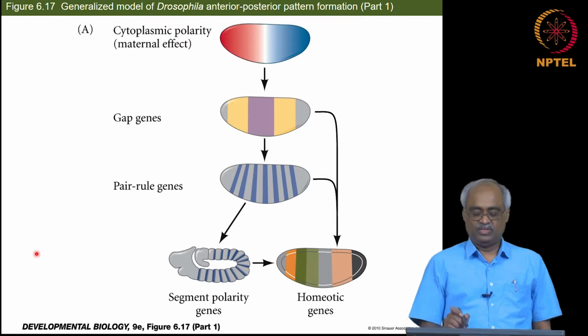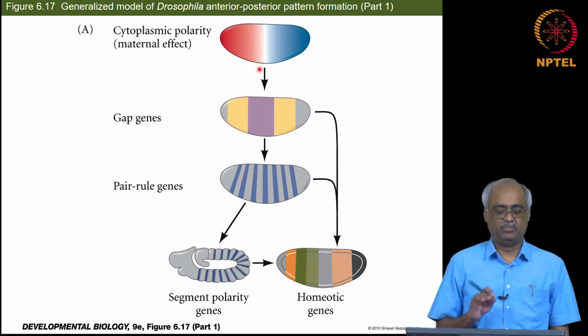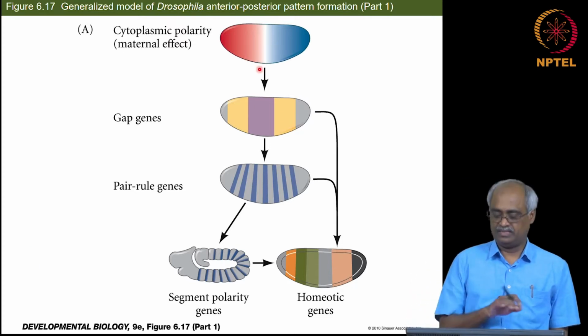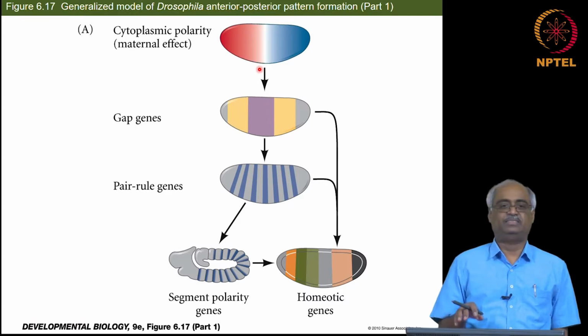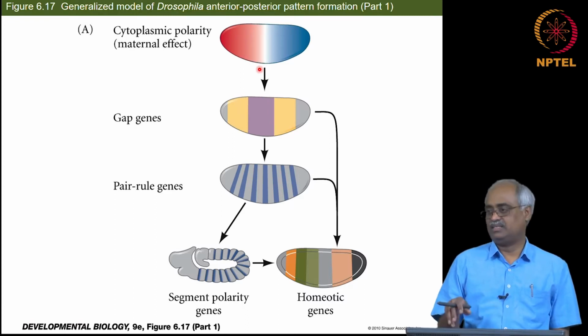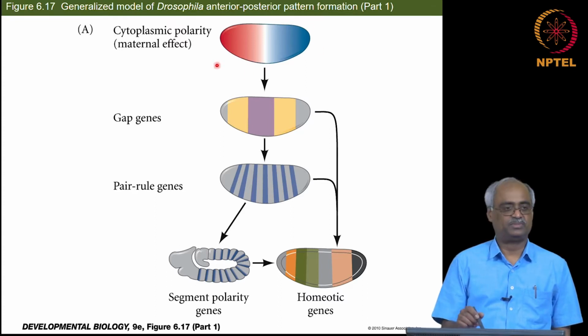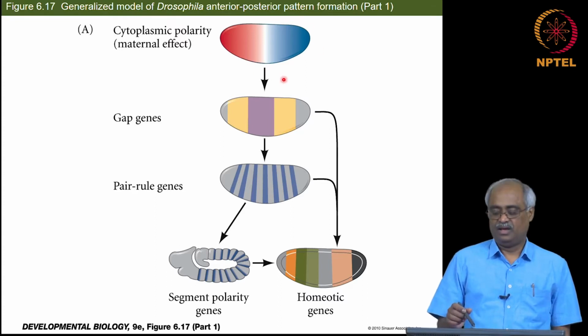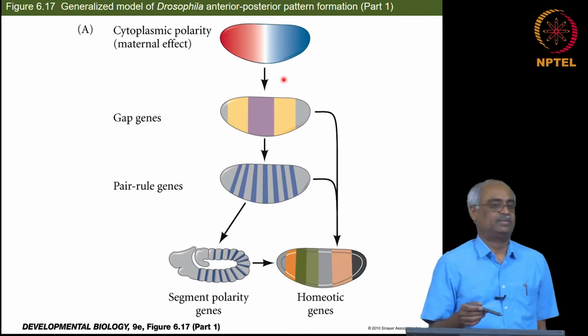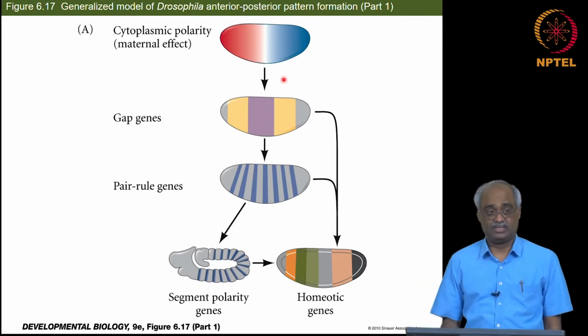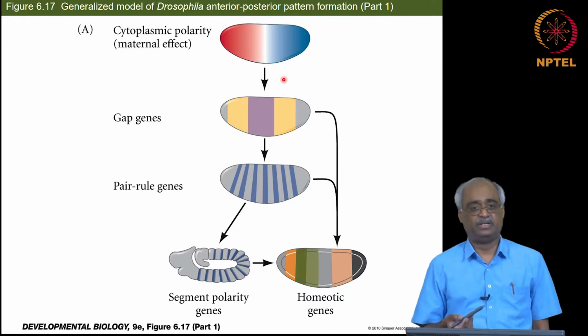Okay. So, these are usually mRNA, and they are asymmetrically localized or asymmetrically translated or both, and that is how this initial pattern forms.